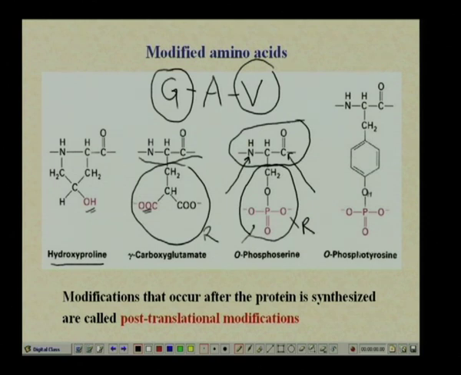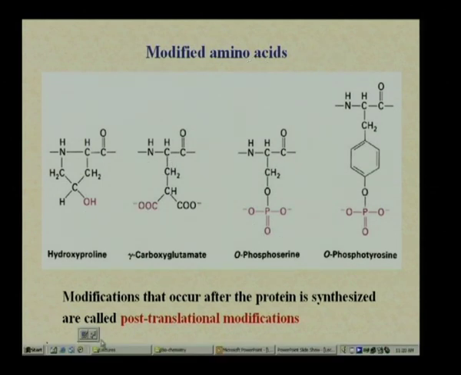Now, usually when the polypeptide chain is formed, this is not a common occurrence. Okay? All the modified amino acids that you see occur after the protein is formed. Okay? So, as I have mentioned, these are modifications that actually occur after the protein is synthesized, and we call them post-translational modifications, because the process of translation is how you get from RNA to protein. Okay?